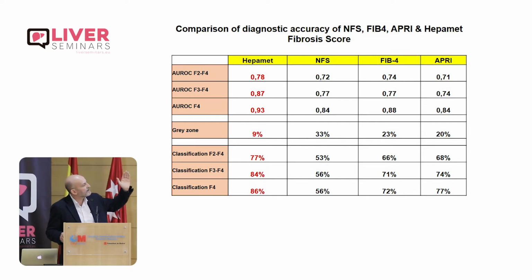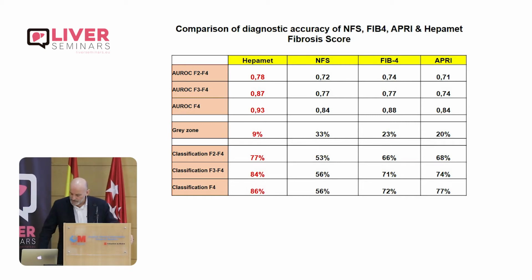Lesser than NAFLD fibrosis score, which is a third, or FIB-4 or APRI, which is around a fourth or a fifth. We have very nice diagnostic accuracy between 0.78 and 0.93 and a very narrow gray zone.